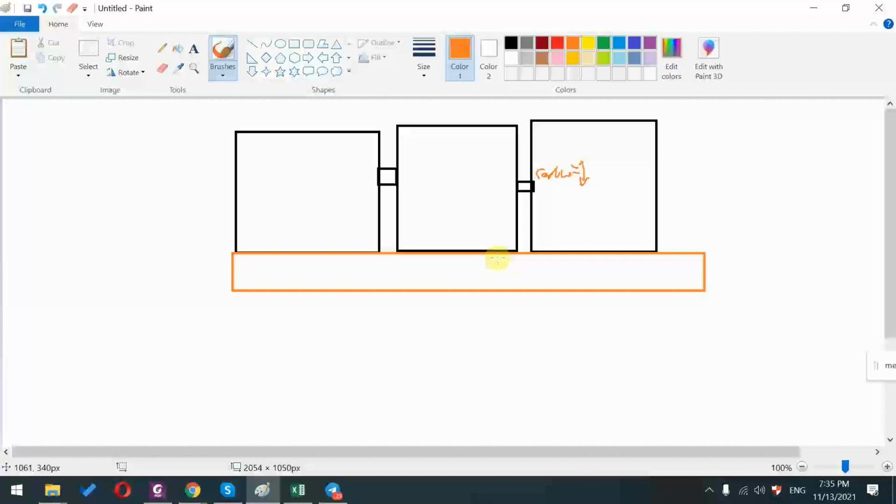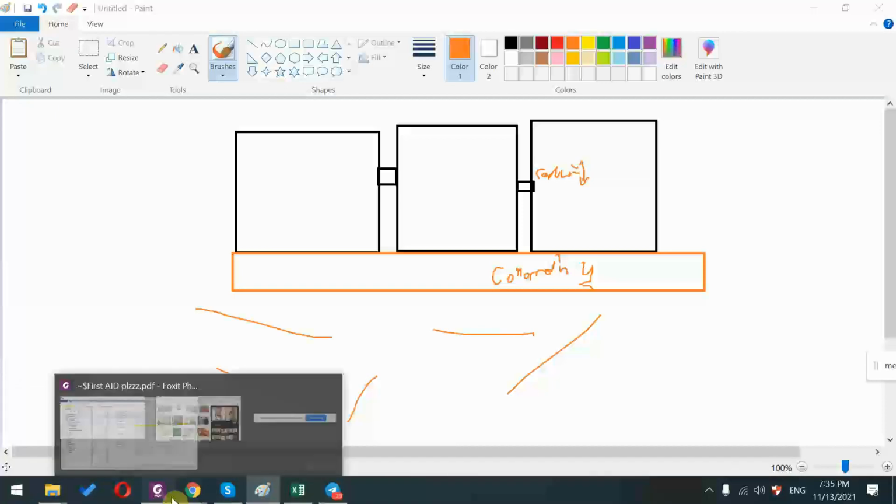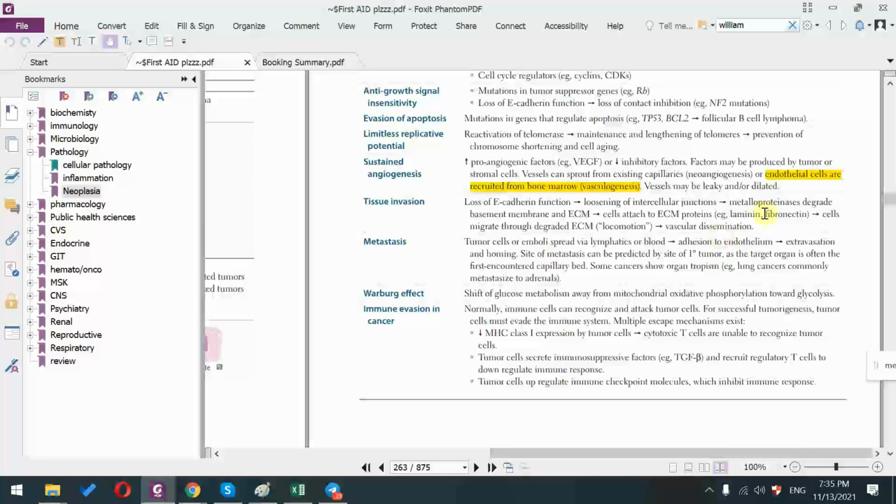Next, collagenases degraded the collagen type 4. Next, you have some particles inside your matrix called laminin and fibronectin, if I'm not mistaken. These are extracellular, under the basement membrane. When the tumor cells bind to the laminin and the fibronectin, there will be cell migration.